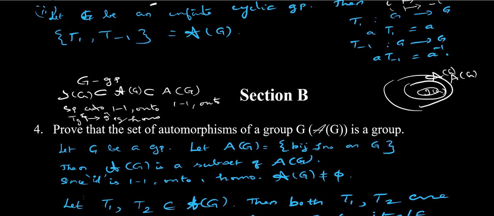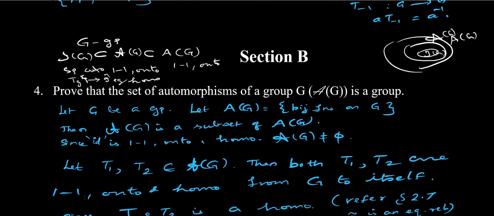Since the identity element is one-to-one, onto, and a homomorphism, script A of G must contain it, and therefore it is non-empty. Now we'll consider two elements in script A of G. Then both T1 and T2 are one-to-one, onto, and homomorphisms, because they are in script A of G, so we have bijective homomorphisms from G to itself.